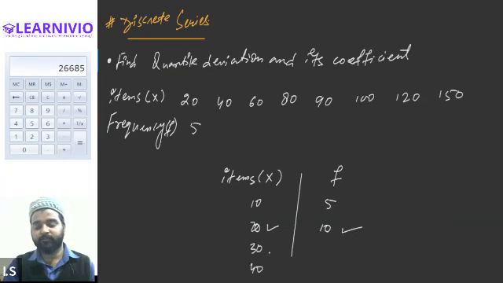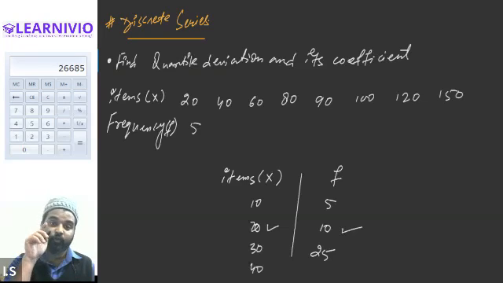Let's suppose 30 is repeating 25 times. In an individual series, you would have to write down 30 twenty-five times. That would be so hectic. So in order to minimize the effort, we write 30 once, and the number of times it is repeating, we write as its frequency in front of it.